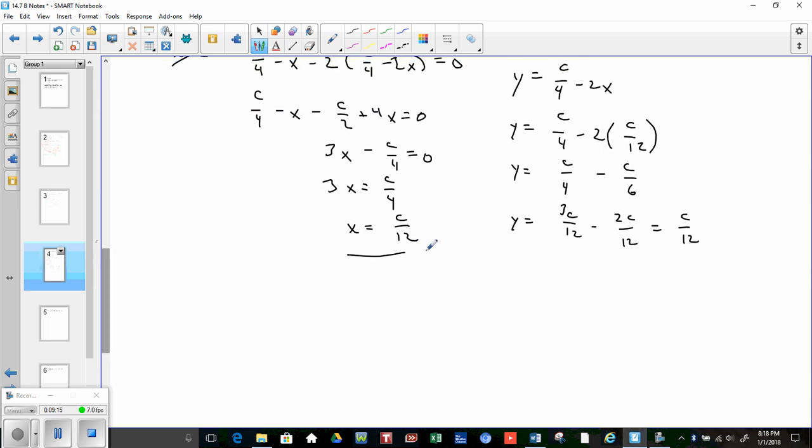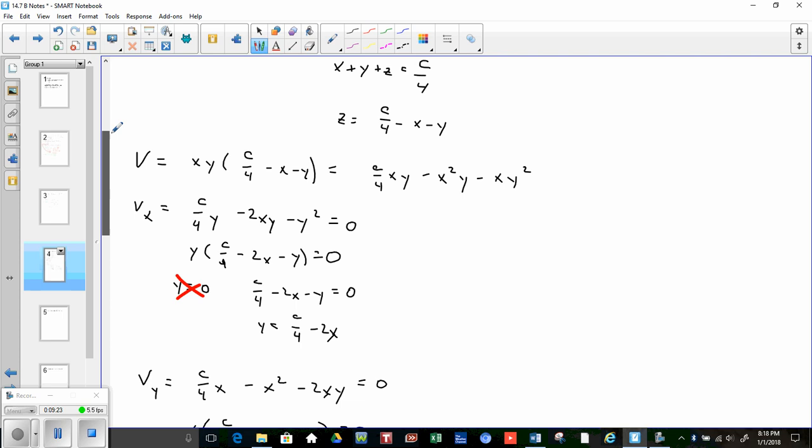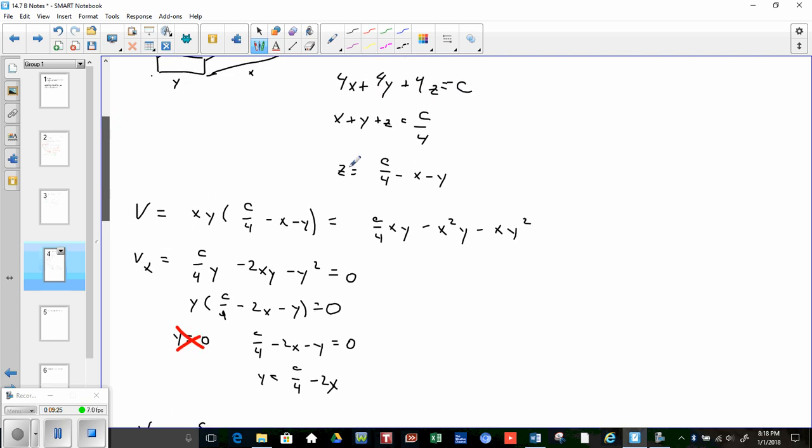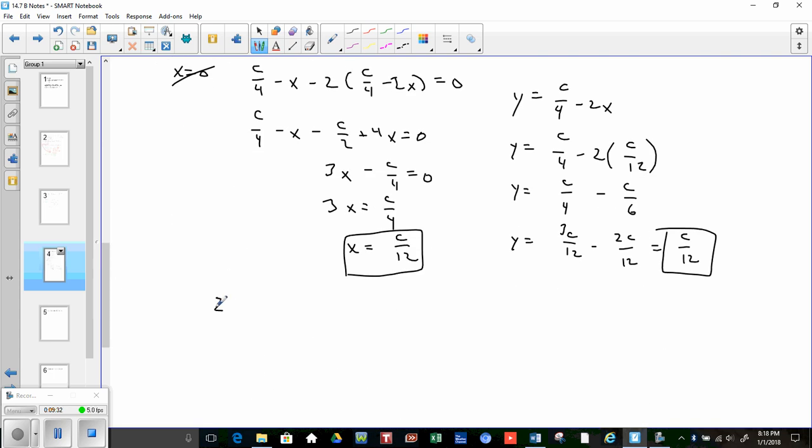So I have x equaling c over 12, y equaling c over 12, and then we can take both of those values, plug it back in all the way back up here at the top. z is c over 4 minus x minus y. So z is c over 4 minus x, c twelfths, minus y, c twelfths.